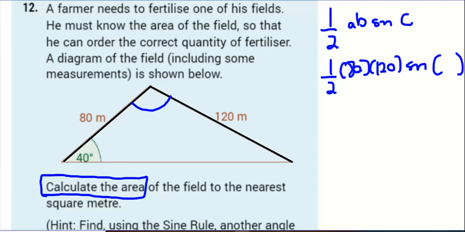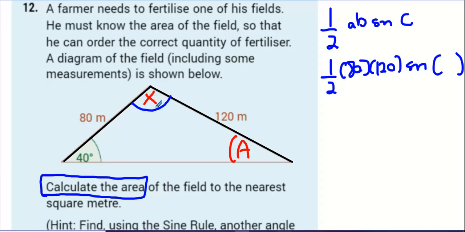Now what we're going to do next is, is there any angle that's obtainable for us right now that we could get using this sine rule? We could try getting this angle here, call that big A. So what I would do is find out what big A is, add the two angles together, and then find out what angle X is.